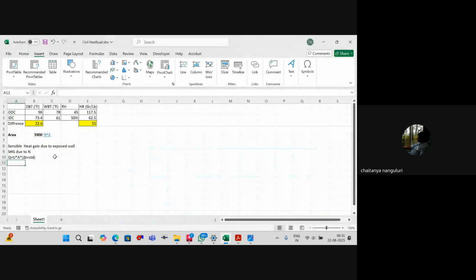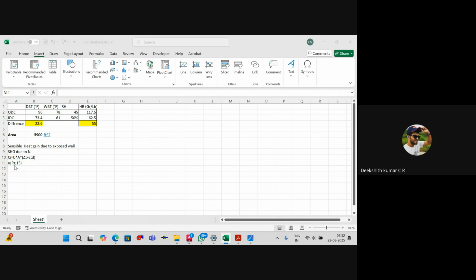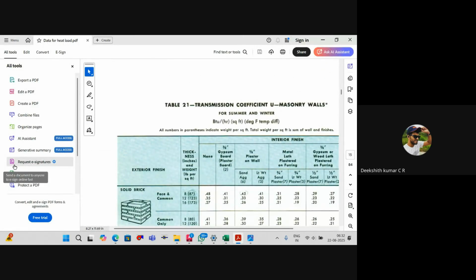So the U factor we got is 0.45. I'll write U here, and page number 15. How much is that value? 0.45.